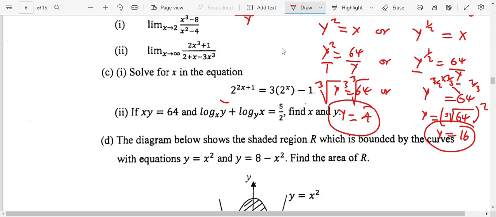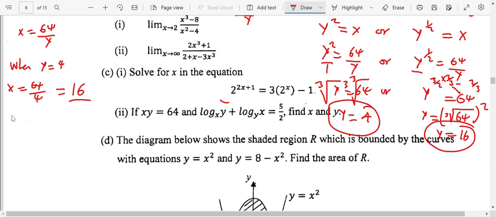But what will be the value for x? Remember we said x was the subject of the formula and x was 64 over y. So when y is equal to 4, what will be x? x is going to be 64 over 4, which is 16.